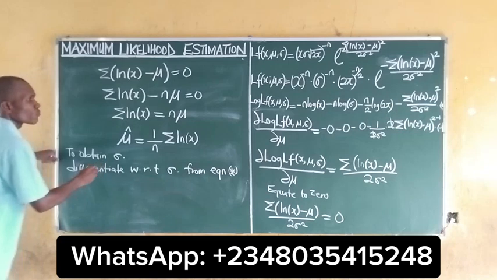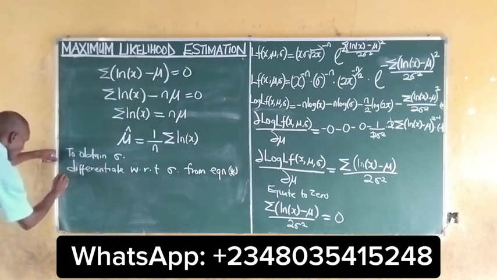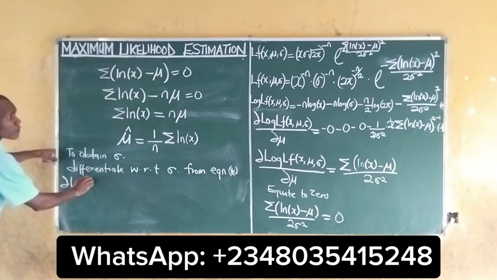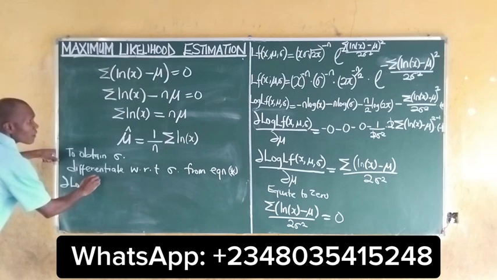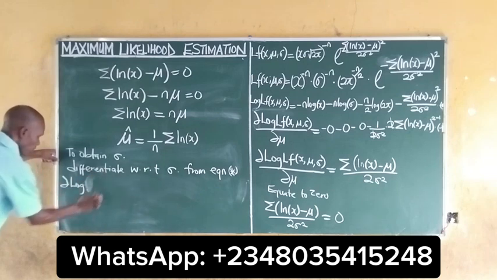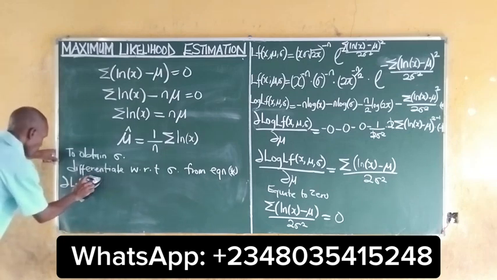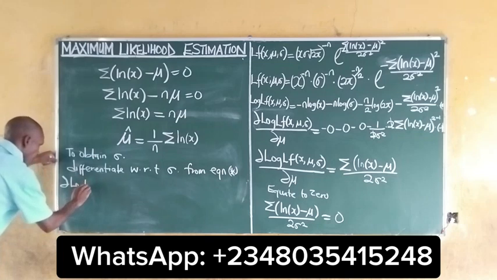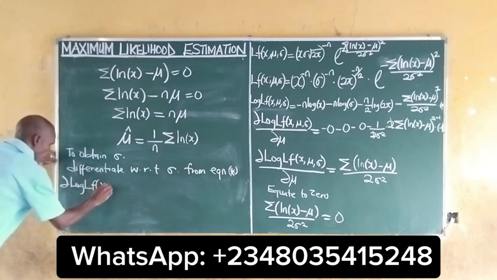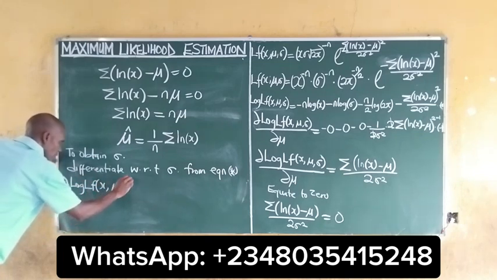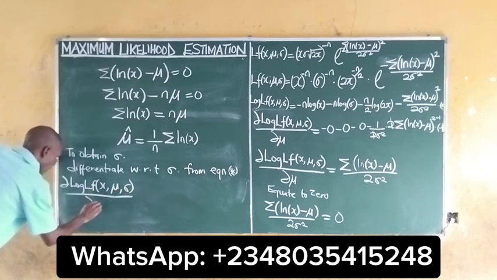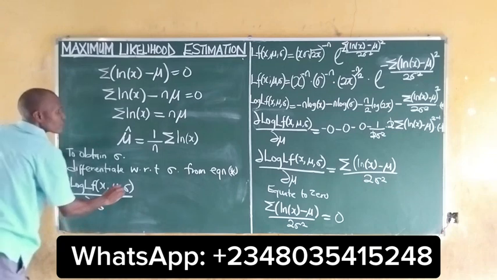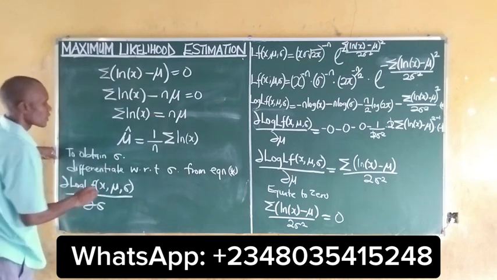So the next thing to do is to write the differential of the log of the likelihood function as is written here, of x, mu, sigma, all over the sigma. We differentiate it with respect to sigma.